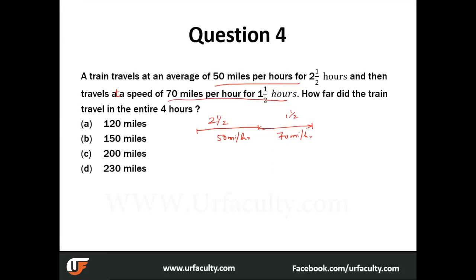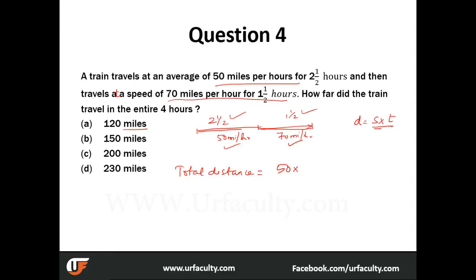So all that they are saying is we need to first find out the distance of this and then find out the distance of this. We anyway have speed and time. We again here have speed and time. So all that we have to do is just do a simple addition. So total distance is equal to, everything is in miles, so they will just maintain miles per hour. So 50 into, distance is equal to what?